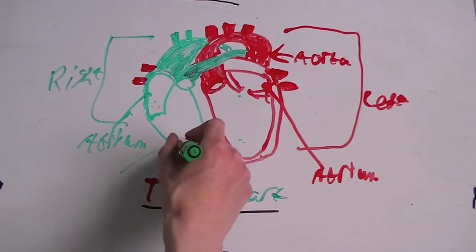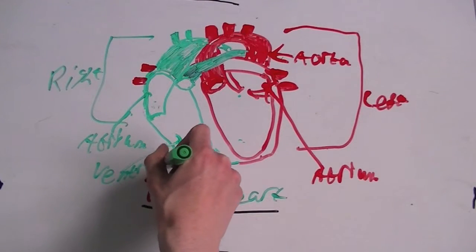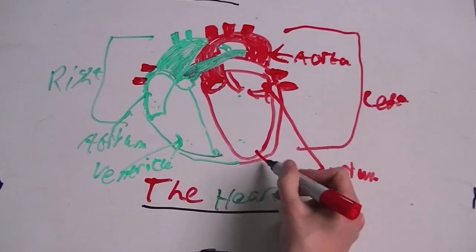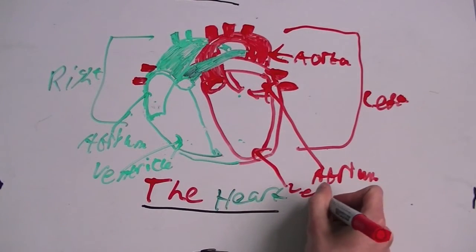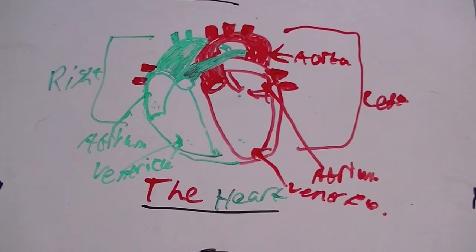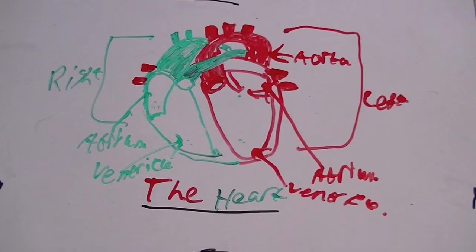So this is the right ventricle. Apologise for my handwriting. And this is the left ventricle. They both perform roughly the same roles, by the way, so don't try and get that confused, but I'll explain that in a minute.